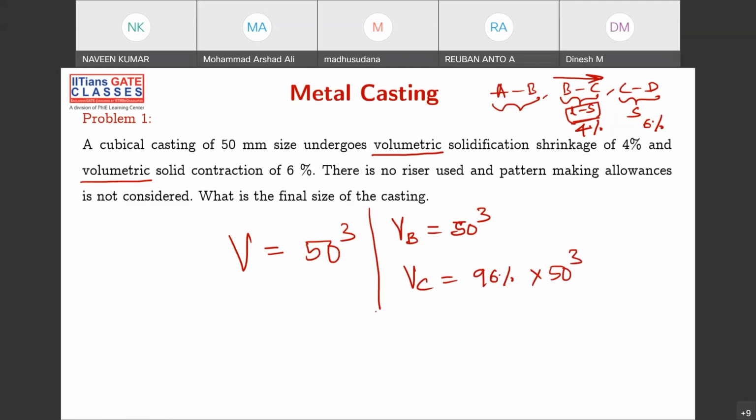Volume at C is equal to 96% of volume at B.